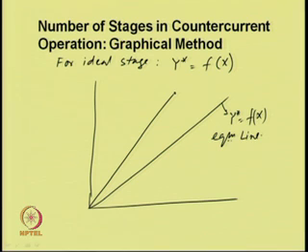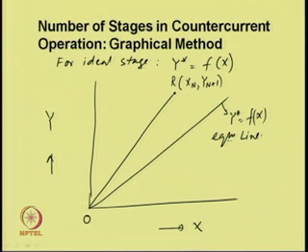Suppose this is our point R, which is x n, y n plus 1, and this is x and this is y, this is 0 and this is point Q. QR is the operating line and point Q is basically x naught and y 1.